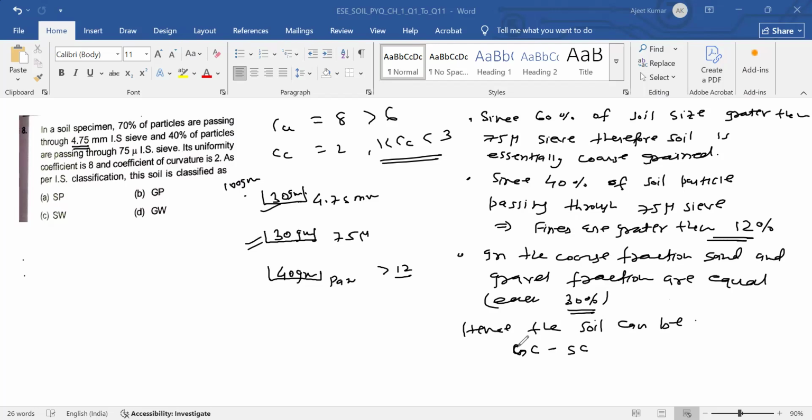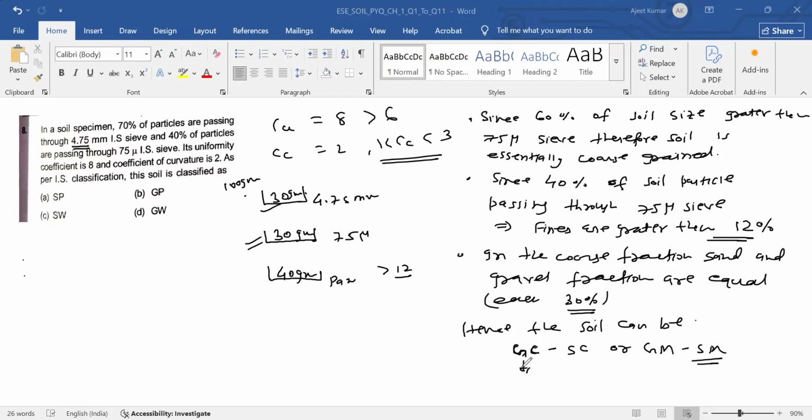So GC, clay with gravel, and SC, clay with sand, or it may be GM or SM, silty gravel or silty sand.